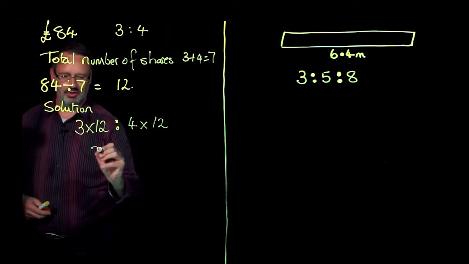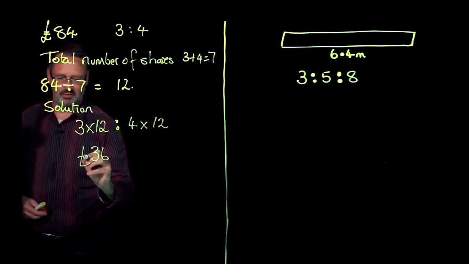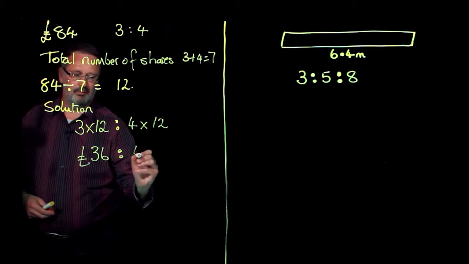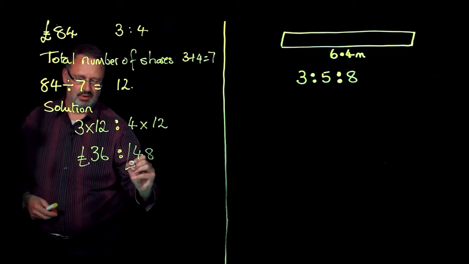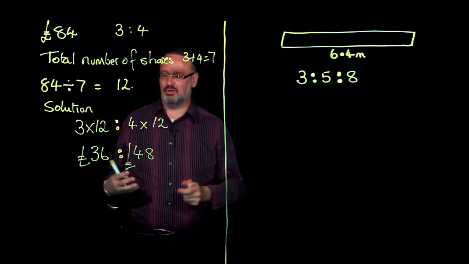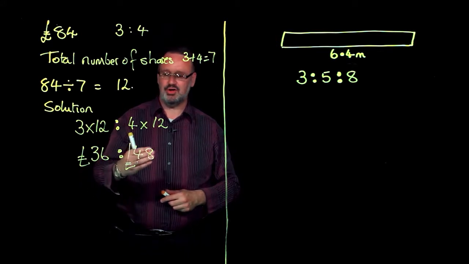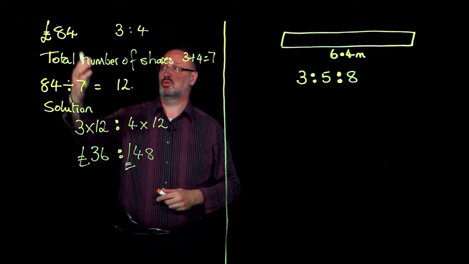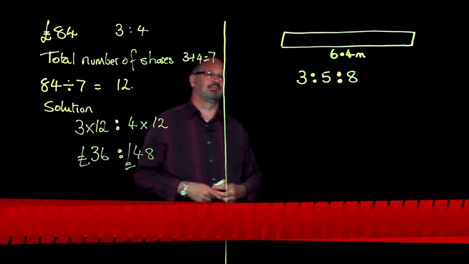In other words, £36 to £48. And just quickly as a double check to make sure I've done my arithmetic correctly, if we add 36 and 48 together, we do indeed get 84.